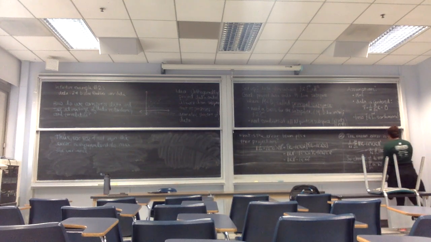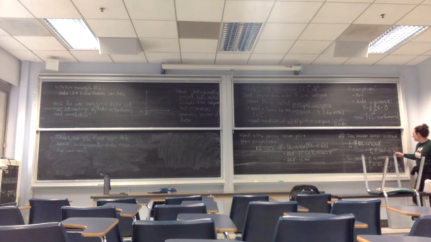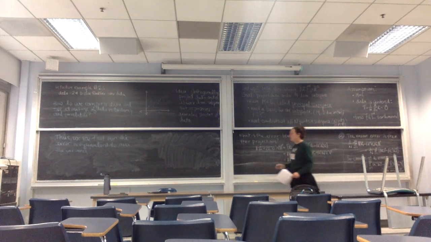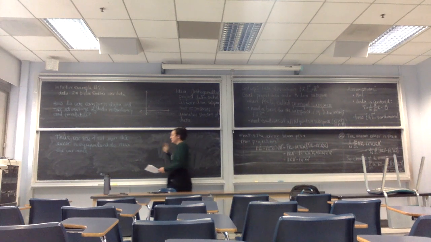We found out the only part of it that depended upon v1, upon the subspace vectors, was this term that with a little bit of rewriting is just the sample variance of the projections. So minimizing error is exactly equivalent to maximizing the sample variance.